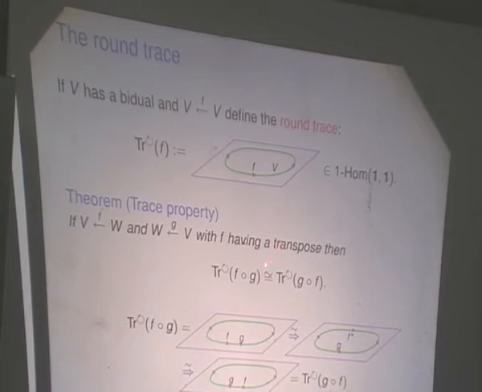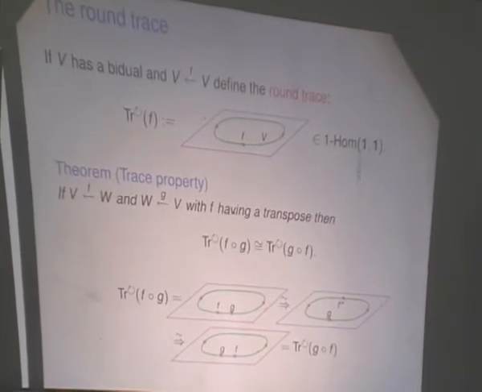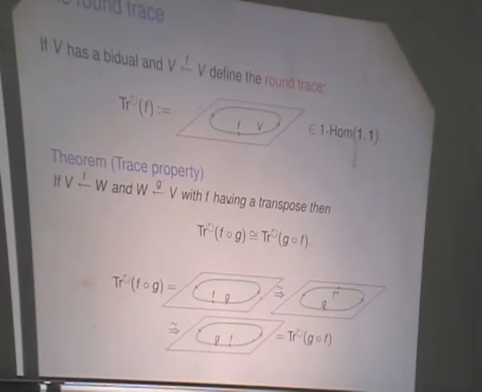We don't get the traces of F composed with G and G composed with F being equal, because remember they're one-morphisms, and in a 2-category we're never going to talk about one-morphisms being equal really, we'll just say they're isomorphic, so there's going to be a canonical 2-morphism which could be an isomorphism.